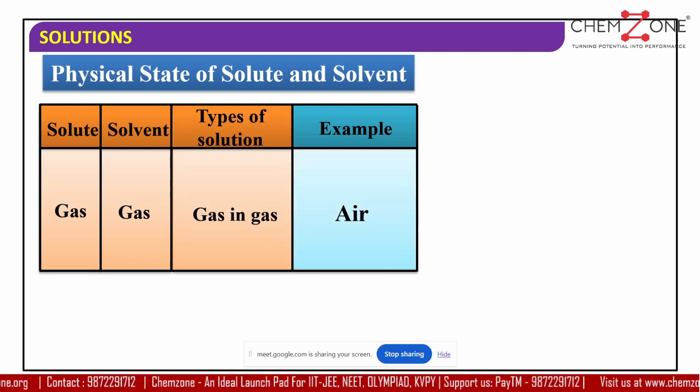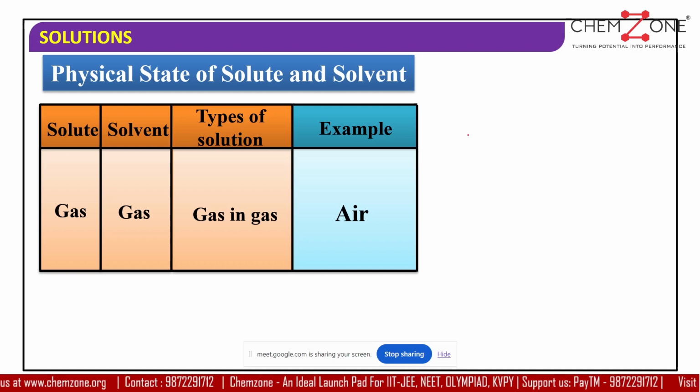Example is air. Nitrogen is 78%, oxygen 21%, carbon dioxide 1%, carbon monoxide 0.1%. So all these components are present, right? Yes sir. But it's gas in gas. हाँ जी. The component taken in small quantity is also gaseous, and the solvent, 78% nitrogen, is also gaseous.